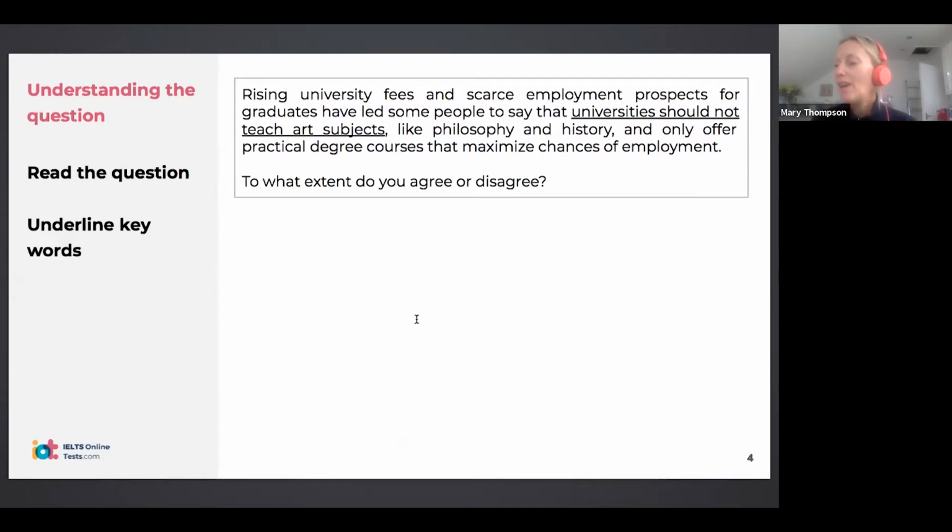Can anyone give it? Yeah, offer practical degrees. Yes, practical degree courses. That's the next one. Yeah, any others? Chances of employment. Okay, so you need the whole of that phrase: to maximize chances of employment.